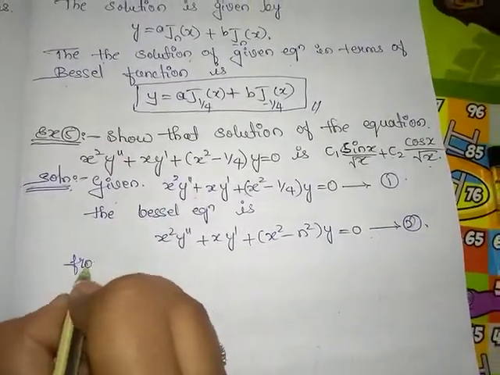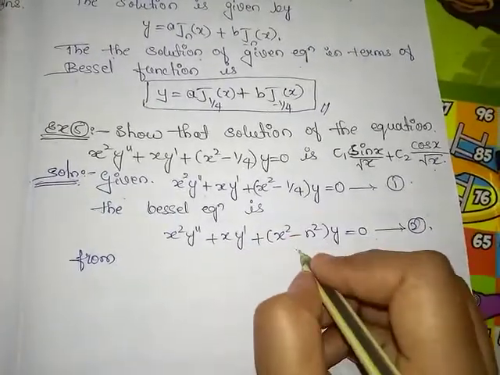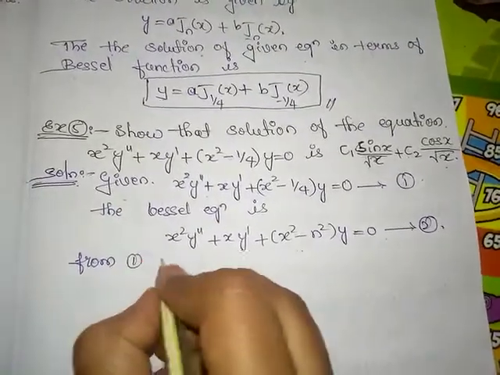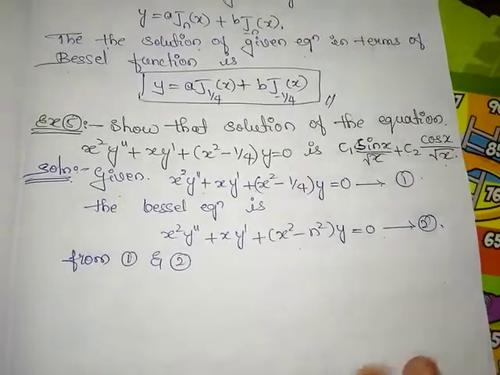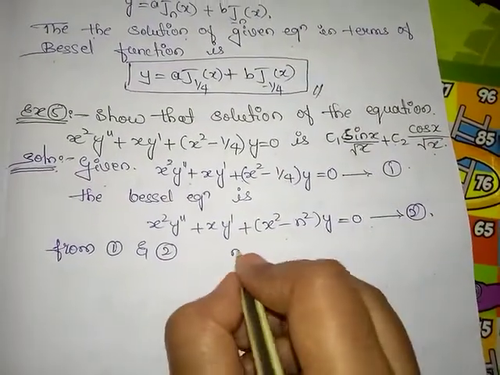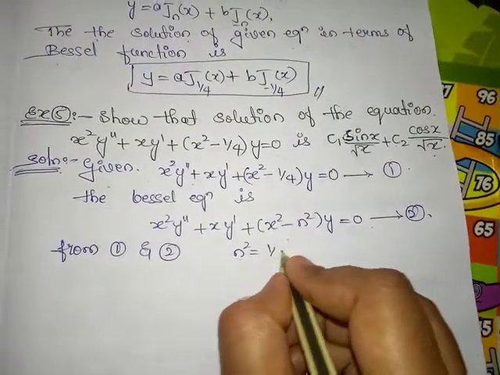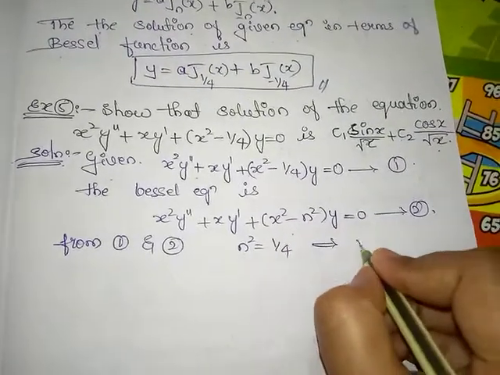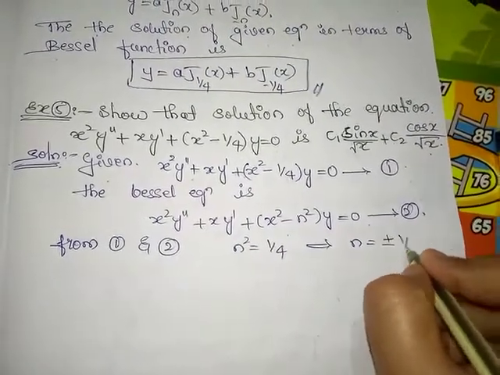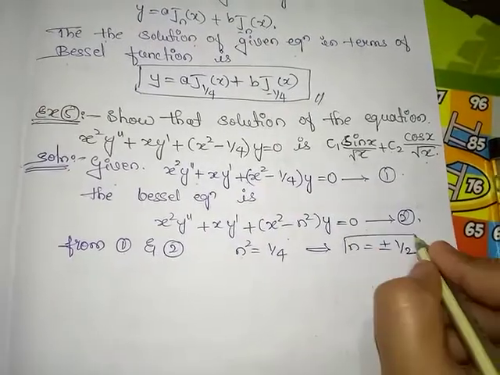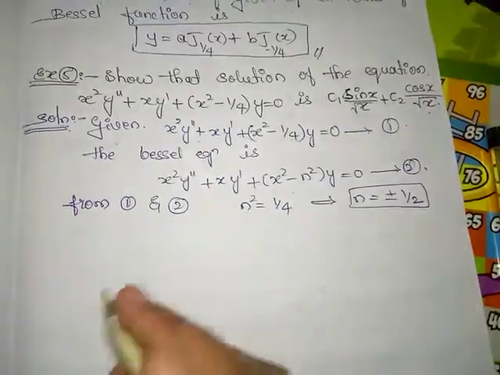From 1 and 2, we have to compare these two. What will be the value of n? n² = 1/4, which implies n = ±1/2.